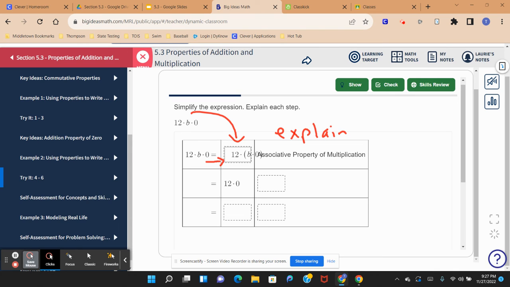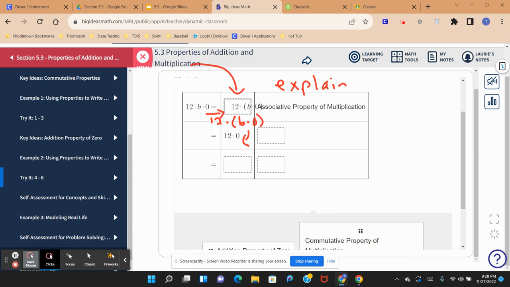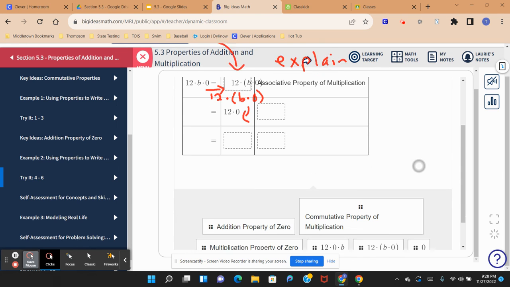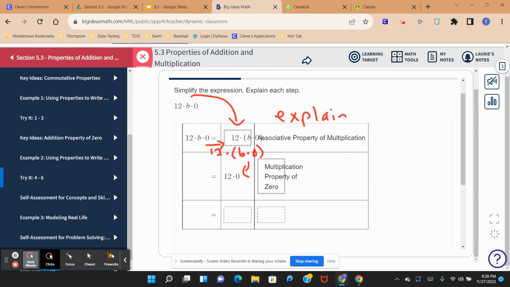Now, they have 12 parentheses b times 0, and now they're going to this. So what did they do? They used one of the properties, the multiplication property, and is it of 1 or 0? If you notice, there's a 0 in there, so that's the multiplication property of 0.